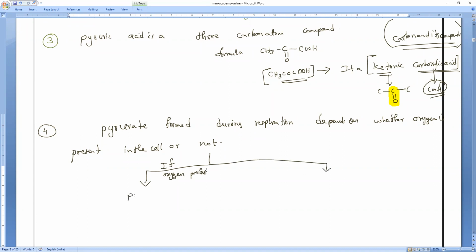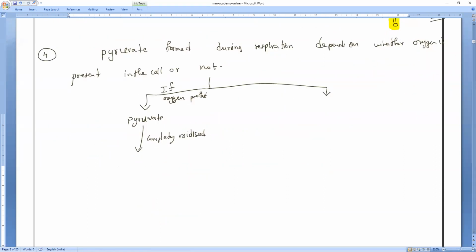The pyruvate undergoes complete oxidation, and it will form carbon dioxide plus what? Water, plus a lot of energy in the form of ATPs. Clear?